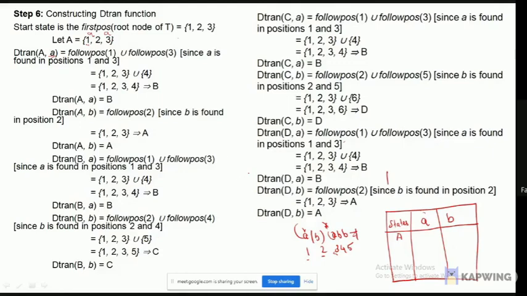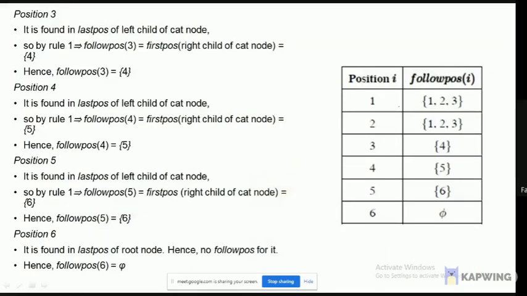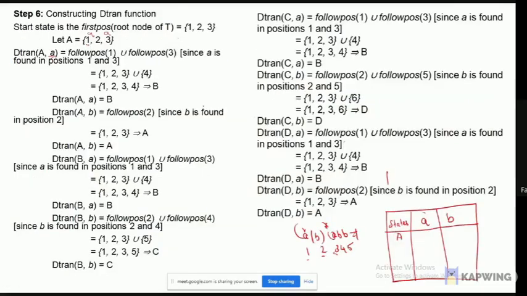Follow position of 1 is 1, 2, 3. Follow position of 3 is 4. So 1, 2, 3 union 4, that is 1, 2, 3, 4. Let it be a new state B. I'm having that state here also.